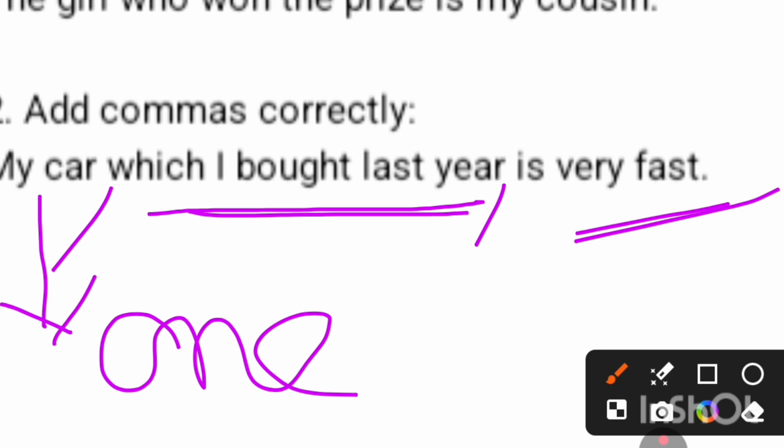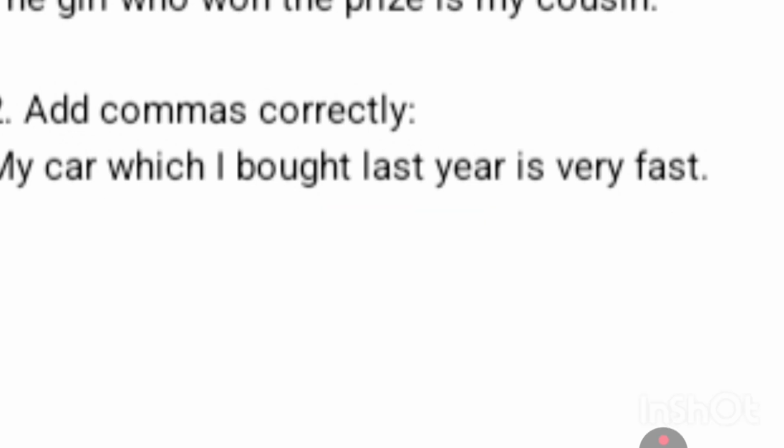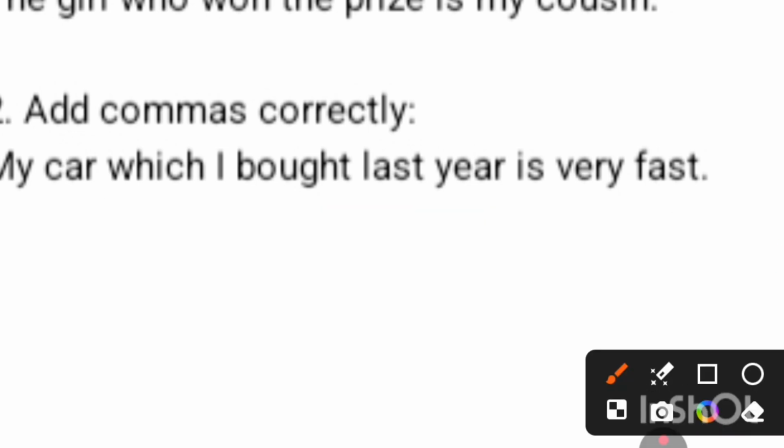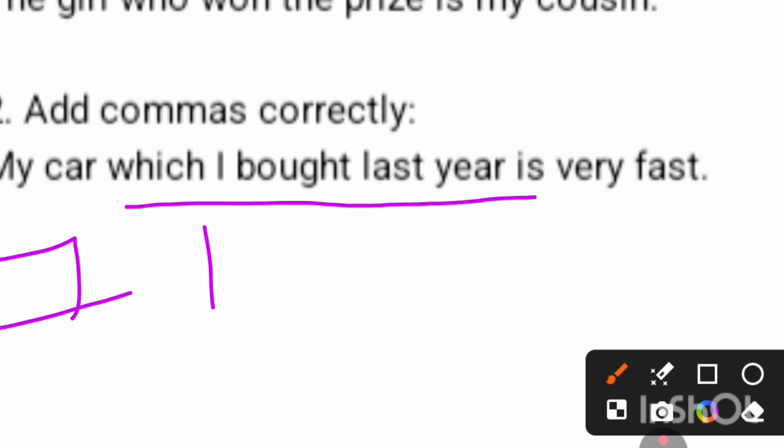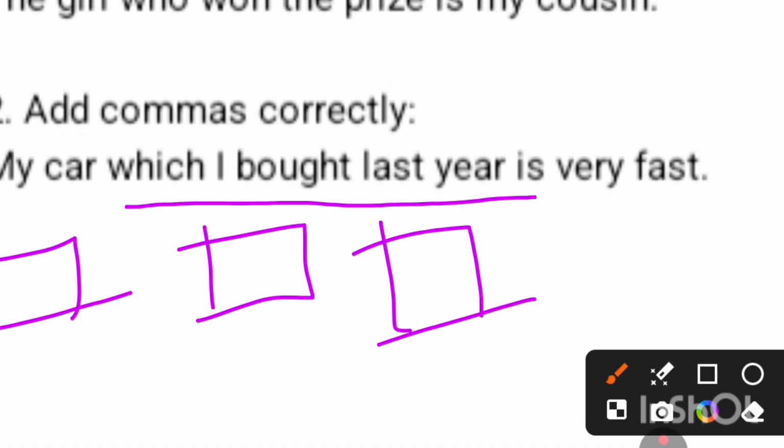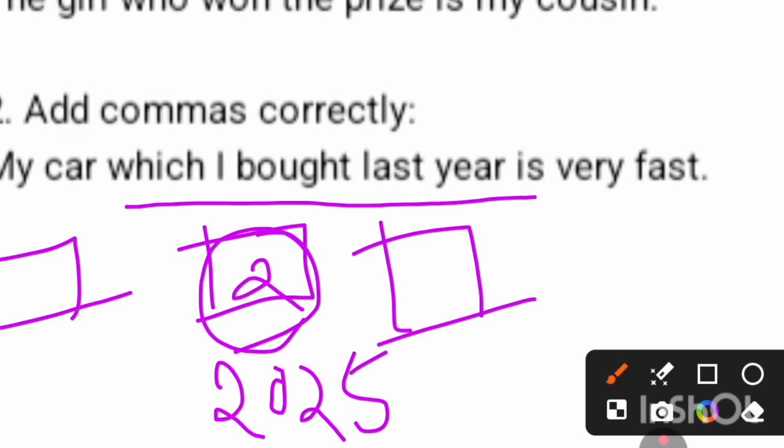And one thing, my dear friends, if we do not use the comma, will it be a wrong sentence? No, my dear friends, it will not be wrong. If we write "my car which I bought last year" in this way, it will carry the meaning you have more than one car. Suppose you have three cars, and this one, number 2, you bought last year. That means this is 2026, you bought it in 2025.